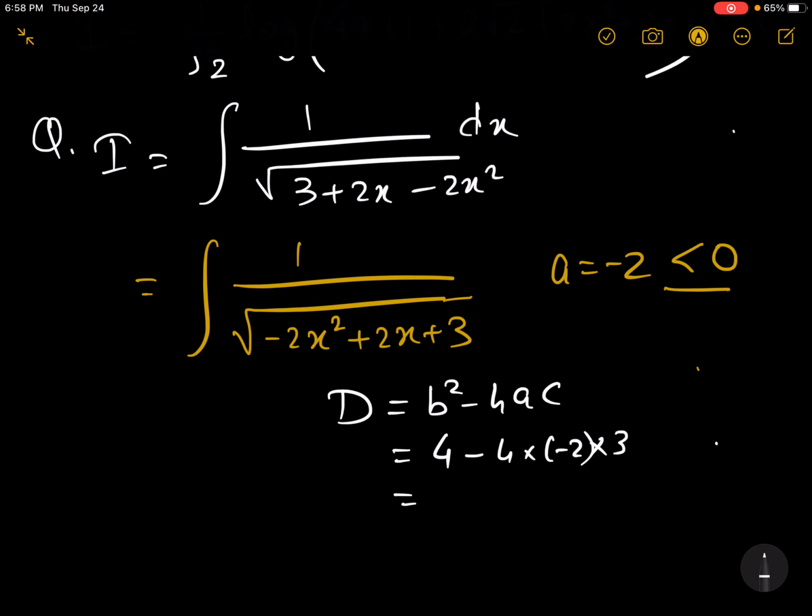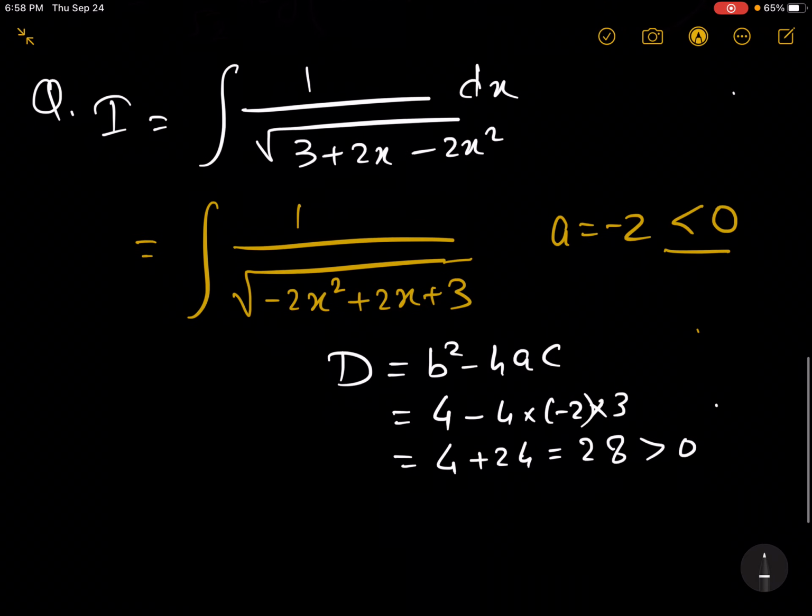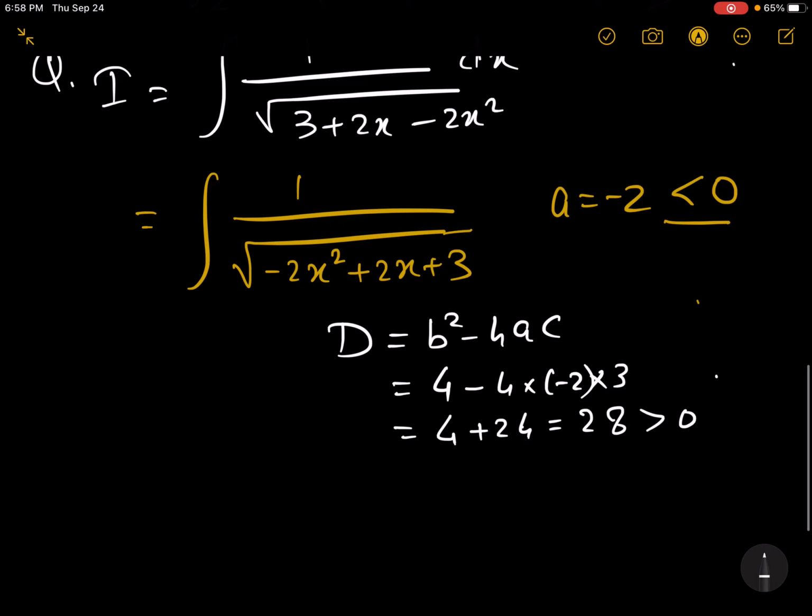This will be 4 plus 24, which is 28, greater than 0.